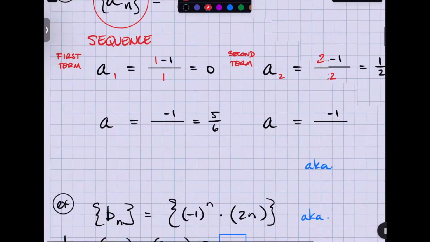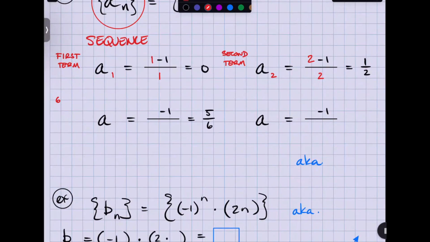If I was looking for the sixth term, that means my n would be 6, which would be 6 minus 1 divided by 6. And if I was looking for the nth term, then n would be n, which is n minus 1 over n.